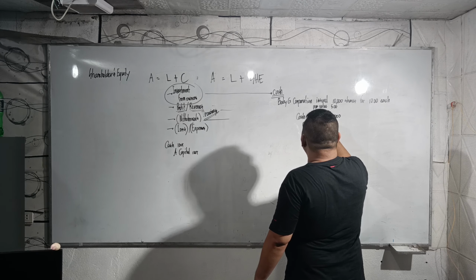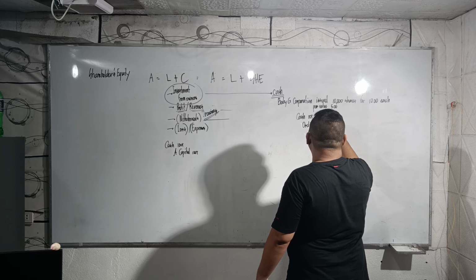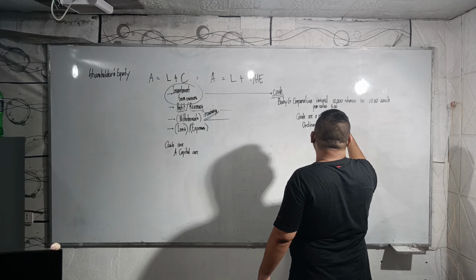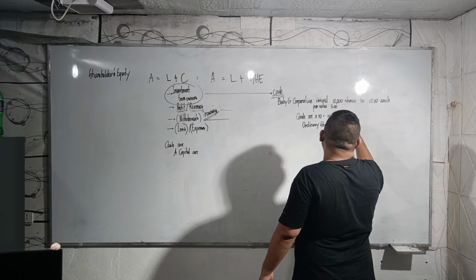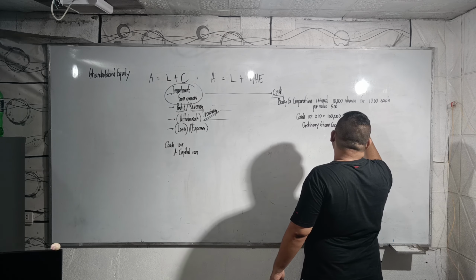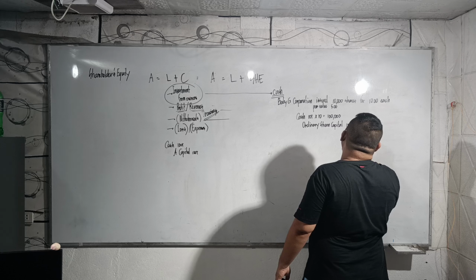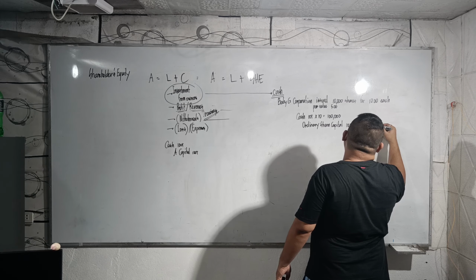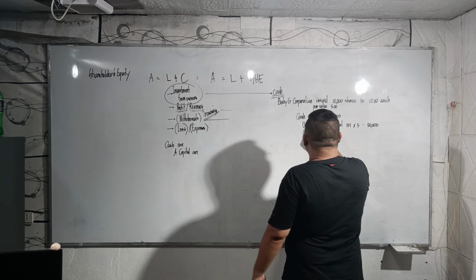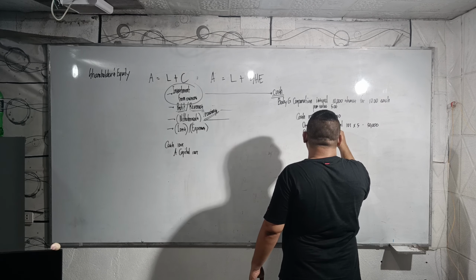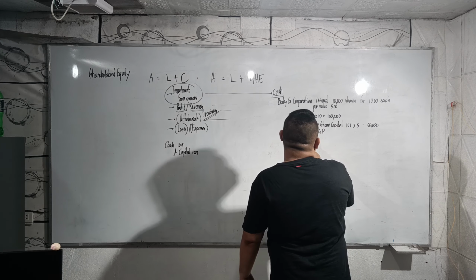Ordinary share capital, again, you still have 10,000 shares but you're limited at the par value. 10,000 times 5 equals 50,000. And for ordinary share capital and share premium, I would shortcut it already.